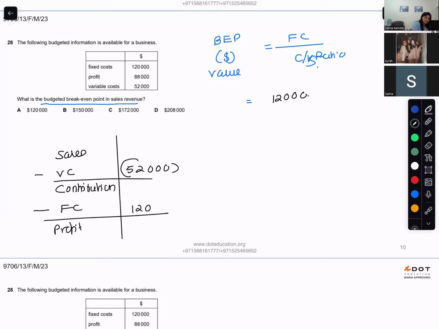Fixed cost is 120,000. Profit is 88,000. Contribution will be profit plus fixed costs. So first contribution will be 2,08,000.